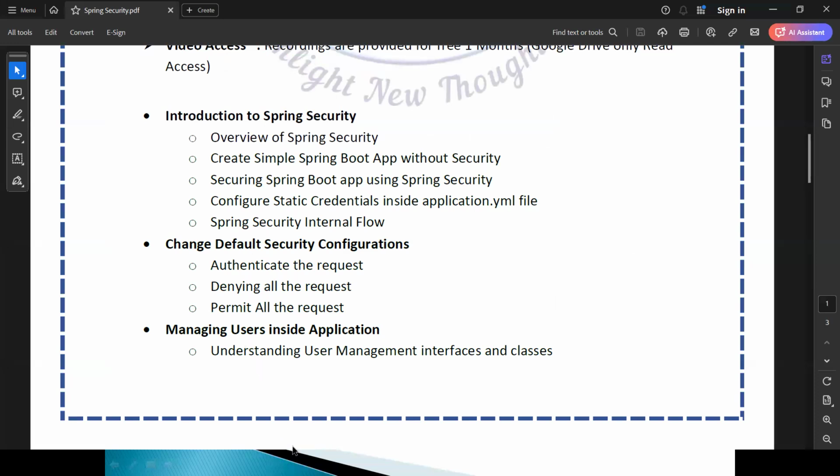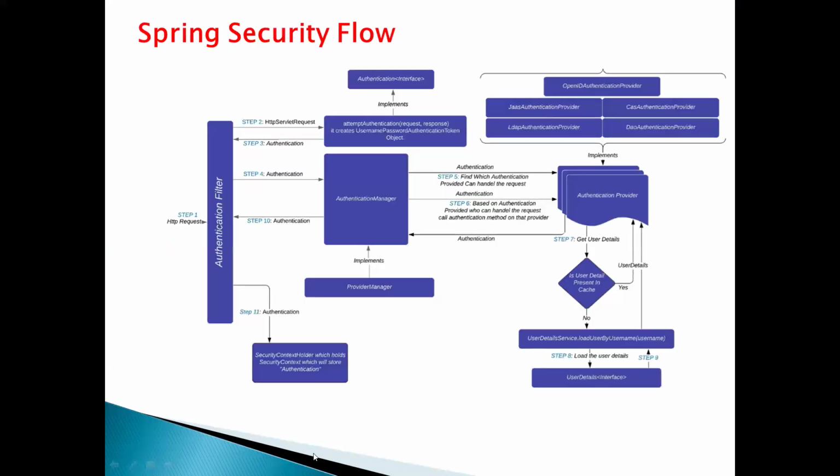With flow diagrams, by the end of the course you are going to understand this complete security flow diagram, guys. To understand this diagram, first we should complete our basic Spring concepts. If you see, you send a request, it goes to the authentication manager and provider manager.